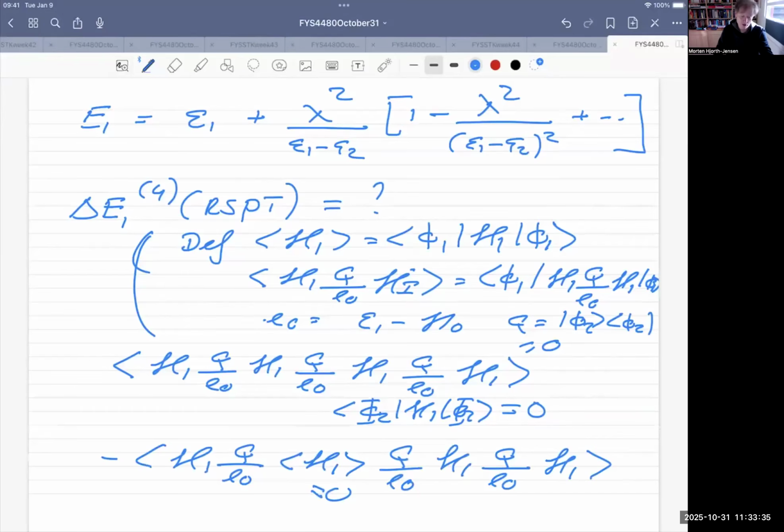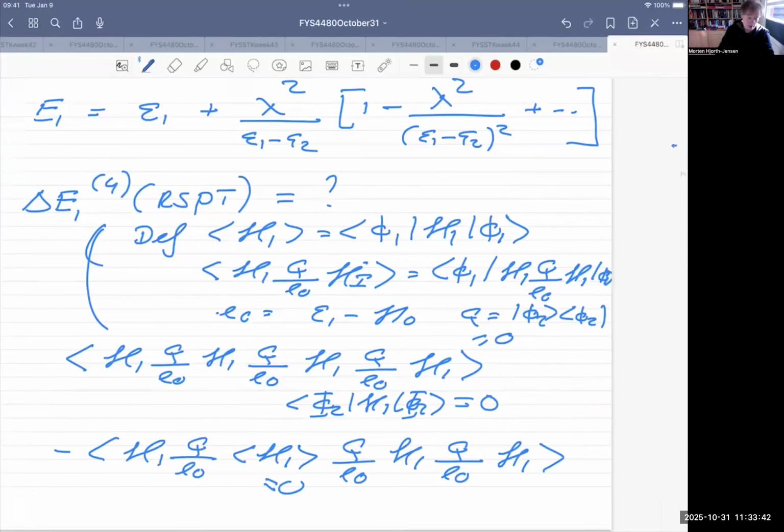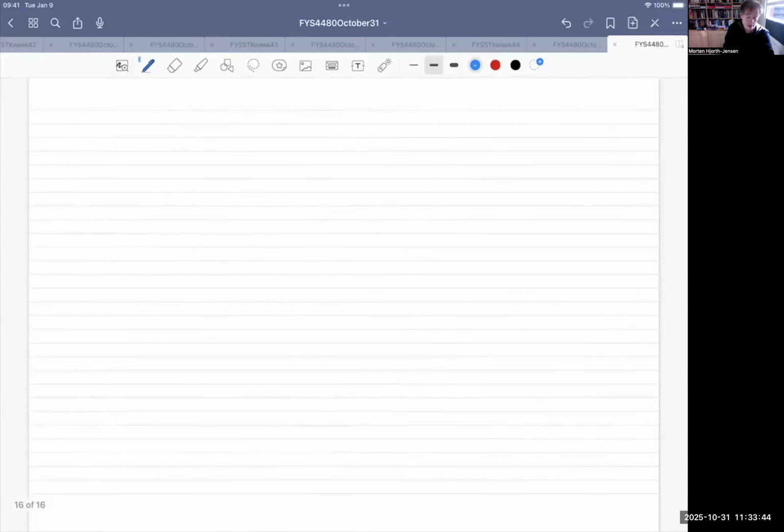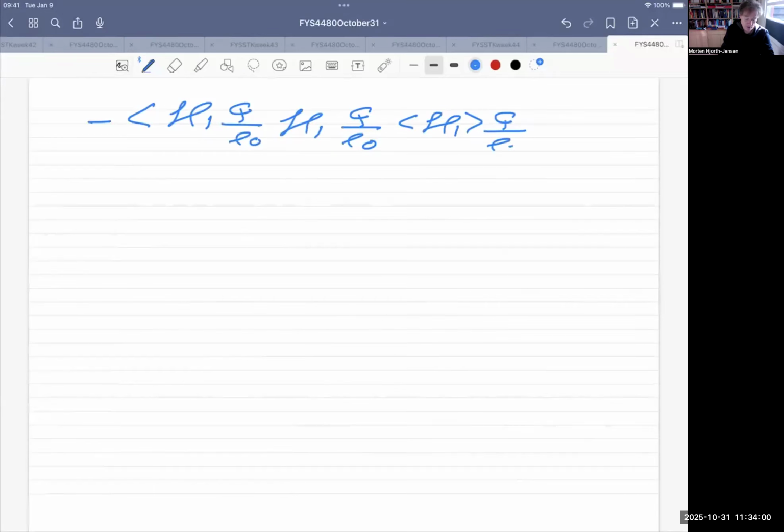And we have three more terms. And it's only one of them which is going to give a non-zero contribution. So the next term is a term which runs like this. So we have an expectation value of q E0, h_I, q E0, and then I have this guy as an expectation value, and then I have a q E0 of h_I.